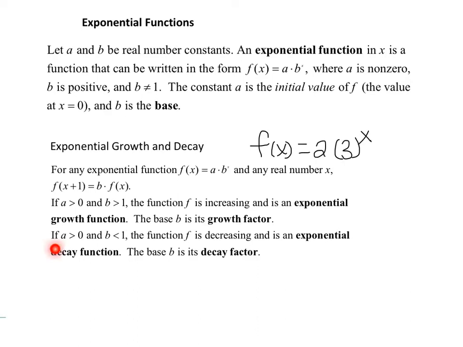Now, if a is greater than 0 and b is less than 1, the function f is decreasing and is an exponential decay function. The base b is the decay factor. So, now remember, both a and b have to be positive. So when it says b is less than 1, that means it's between 0 and 1. Okay?